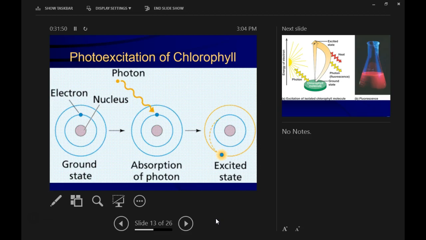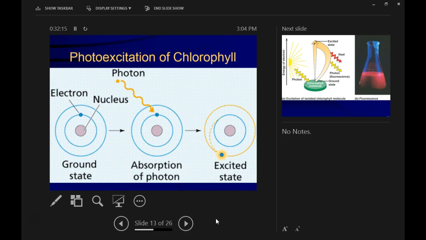So we say that that pigment, that molecule, that electron has been photoexcited. As you can see, it bumps it up. That energy from that photon has now been stored in that electron. It's potential energy.